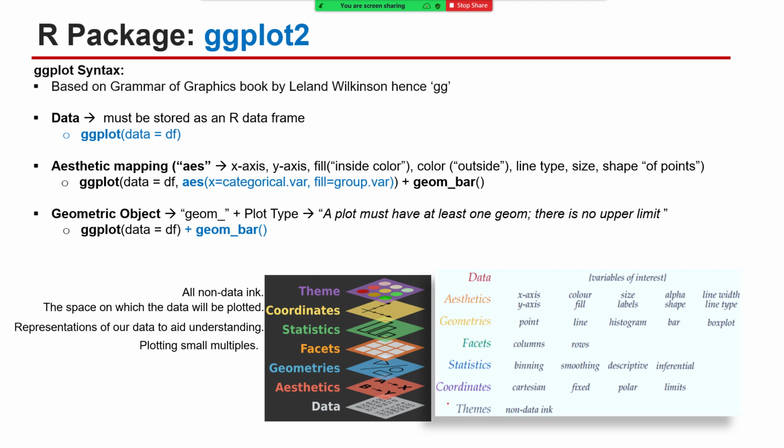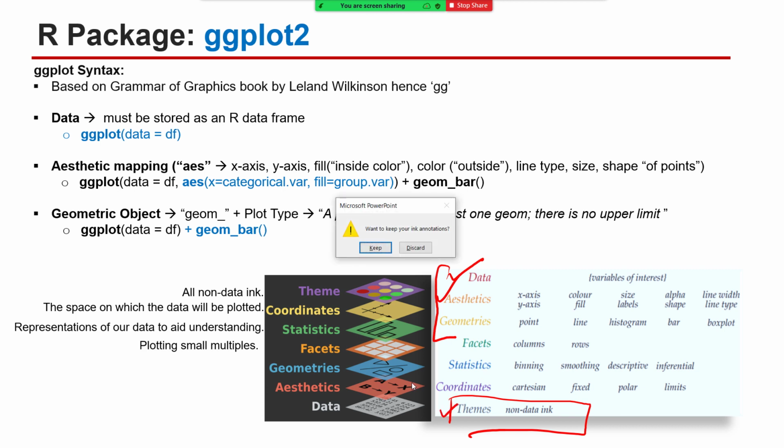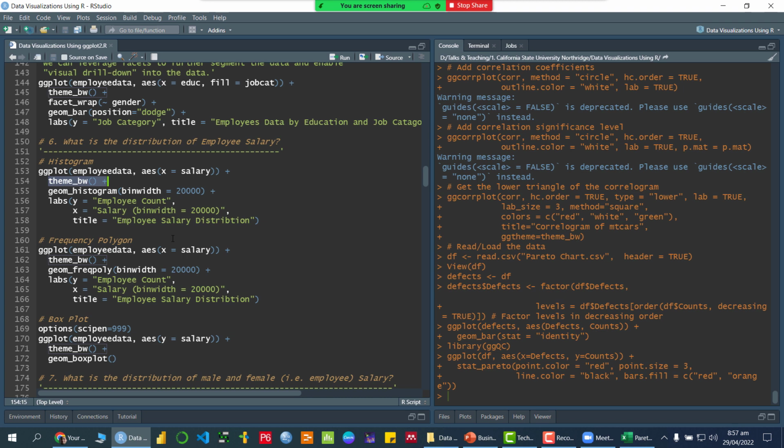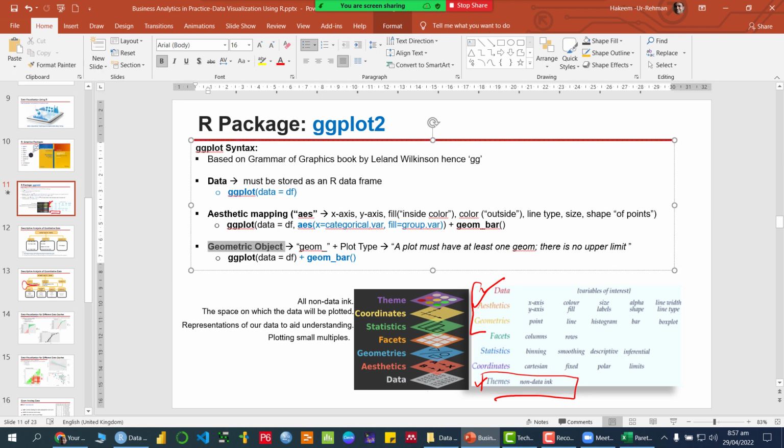As I told you earlier, these three things are compulsory in order to draw any type of chart. Till now in our command, we have mentioned the data, we have mentioned the aesthetics. Now we are adding a command theme, and then I am adding the type of plot, which is the histogram. That is the third component, the geometric object, the type of the plot.